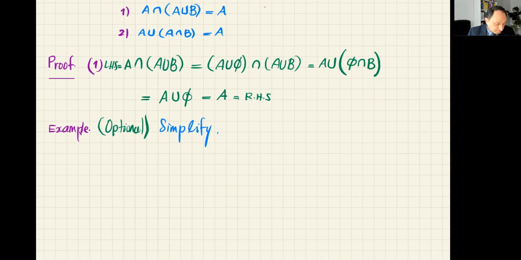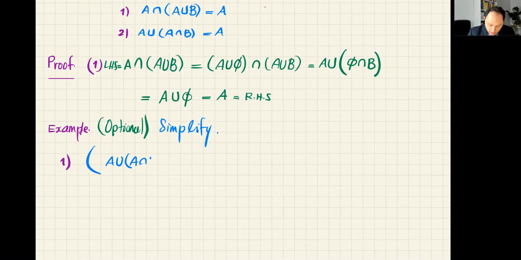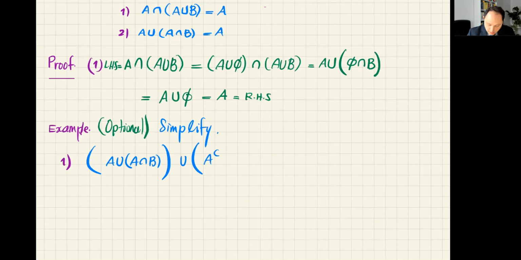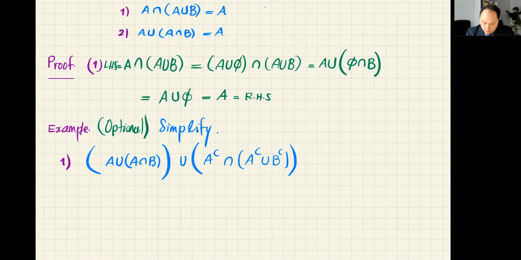For example, number 1: A union (A intersection B), and then union (A complement intersection (A complement union B complement)). Okay, so assume that I want to simplify this. Let me just do it myself because I want to teach the other parts. So this is the optional part.